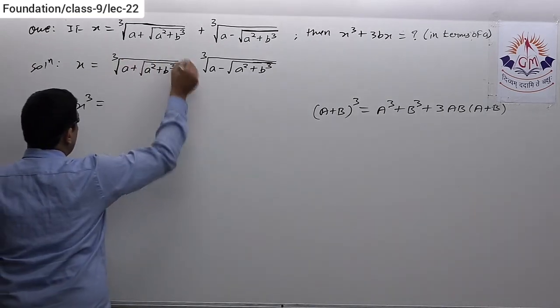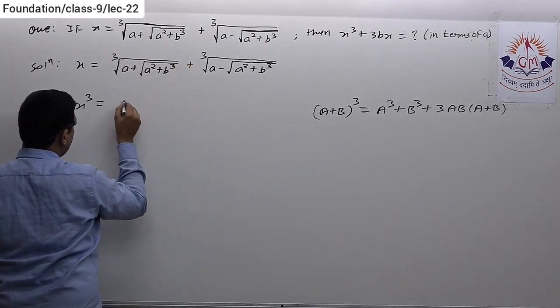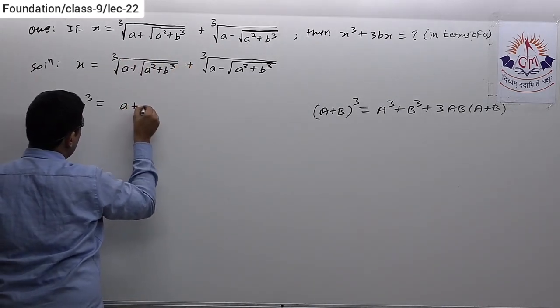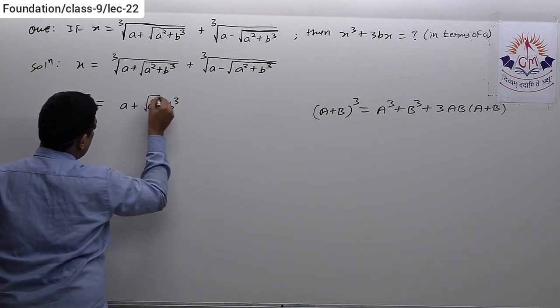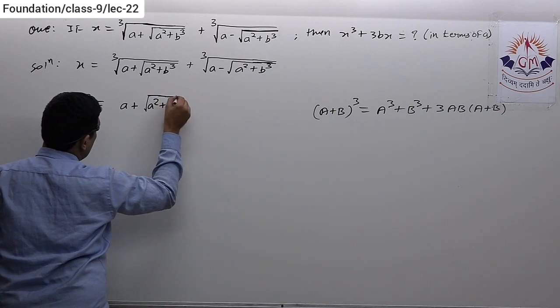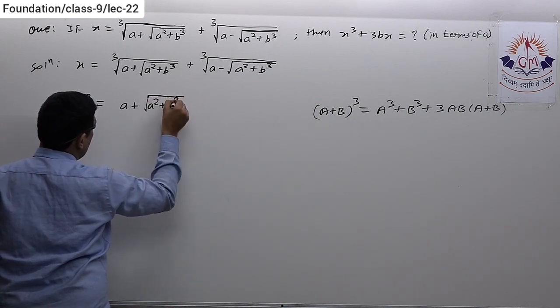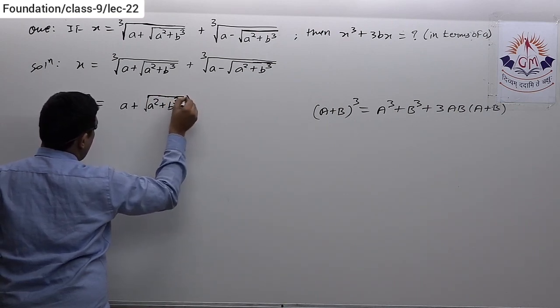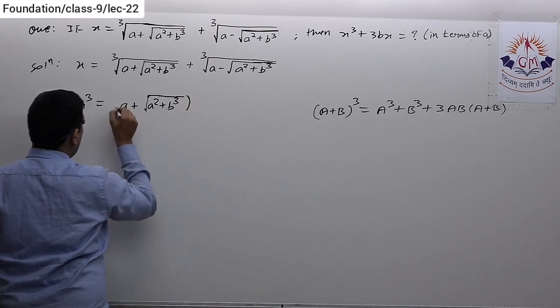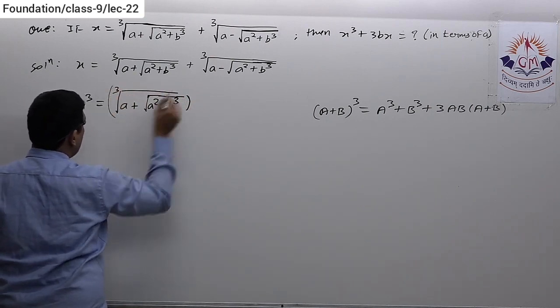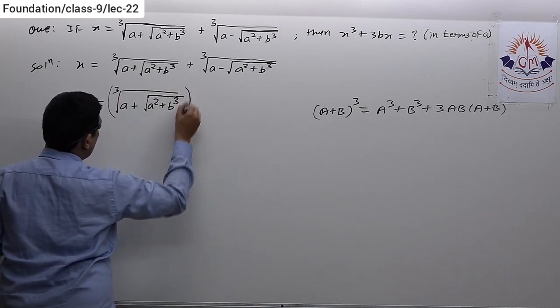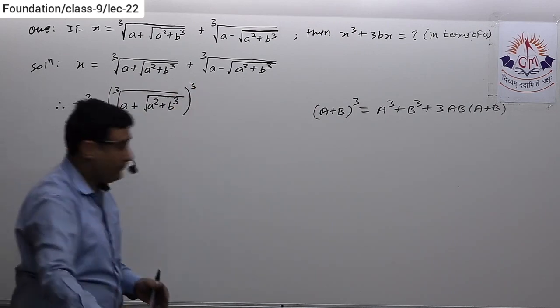So when I say cube of this, see, this is actually a square plus b cube in this way. Okay, and this is a cube root. So when I say cube of this, this cube root sign will cancel out, a cube.